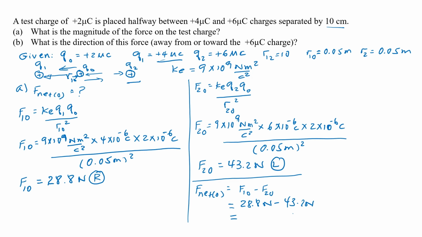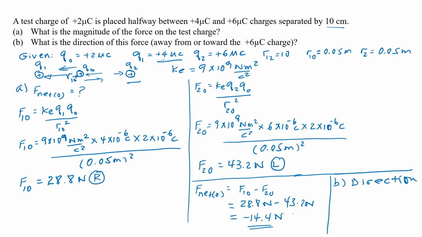Alright, if we take the absolute value, the magnitude will be positive, but the difference is going to be negative 14.4 newtons. So therefore, the magnitude is going to be 14.4 newtons, and B is asking for the direction. Okay, so it's to the left.